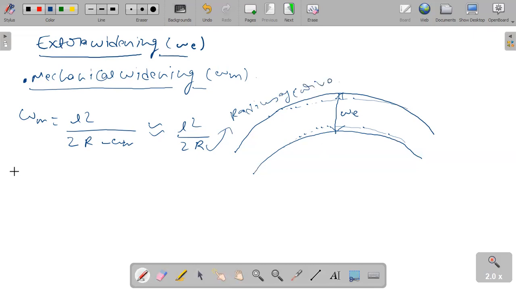Okay, if a road has n lanes, then our mechanical widening is equal to nL square upon 2R.